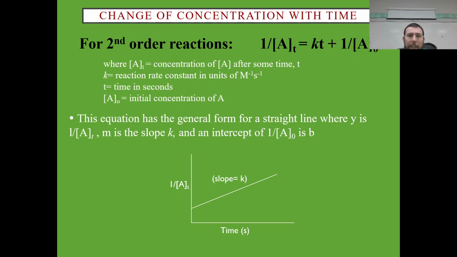Okay? If, for whatever reason, you graph 1 over At with respect to time, and it's got a negative slope, or it's curving, or something like that, that's going to communicate to you that it's not second order. Okay? So paying attention to the units on your graphs and looking at the lines that they produce is really important here.